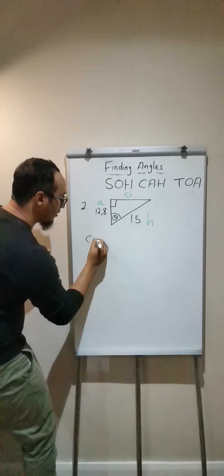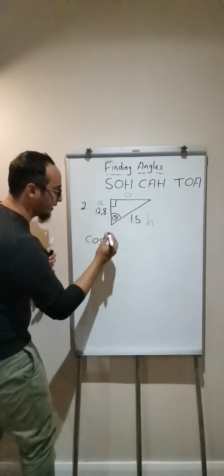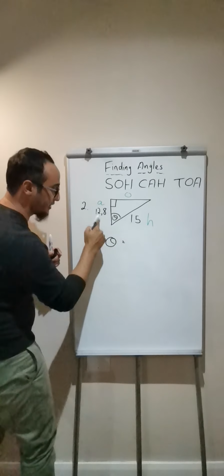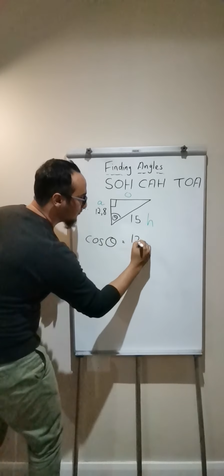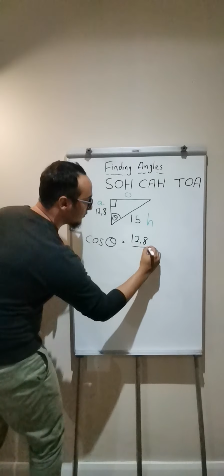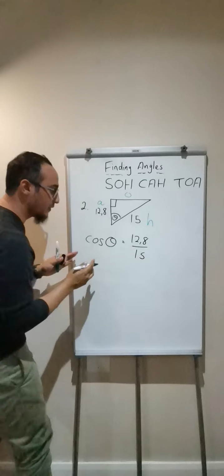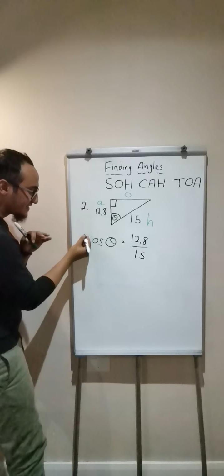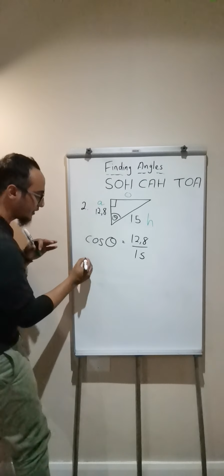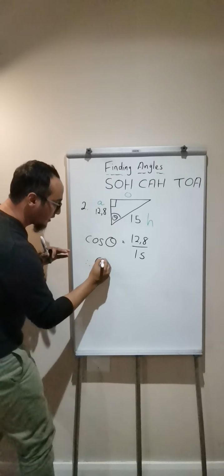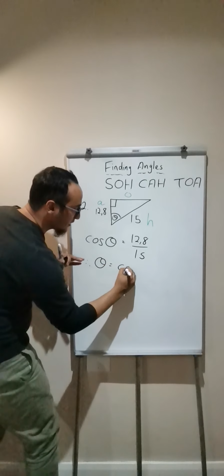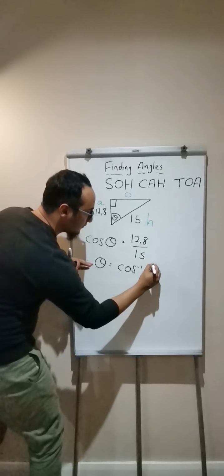So cos of theta, which is my angle, is equal to adjacent, which is 12.8, over my hypotenuse, which is 15. And remember, what do I do from here? This coefficient is 1 over there. Therefore, I can use theta is equal to the second function or the shift of cos.